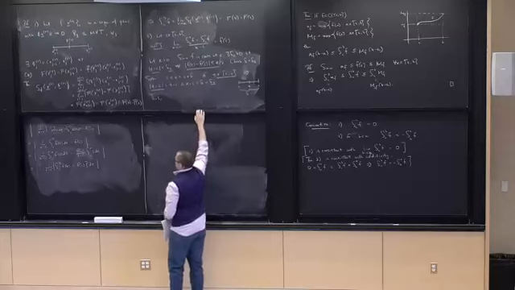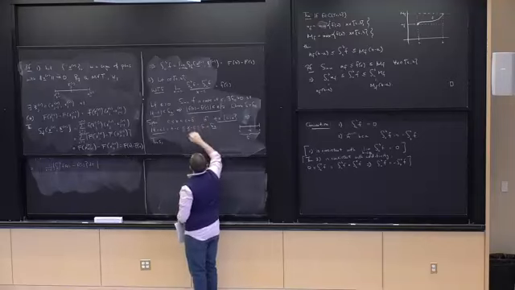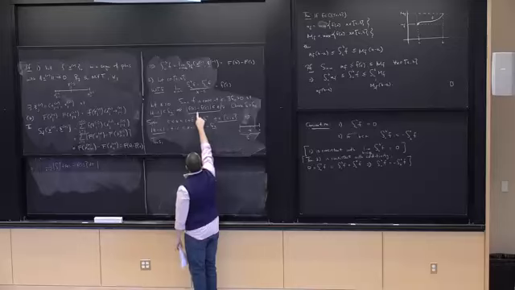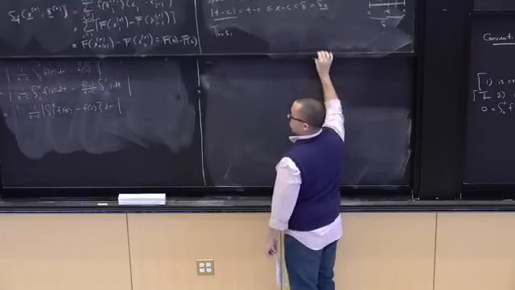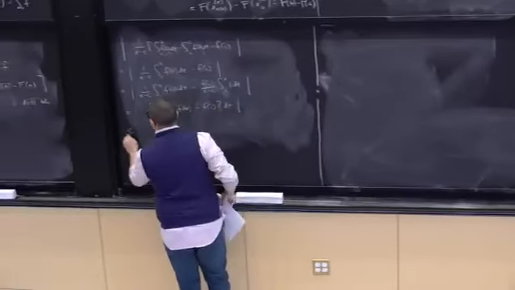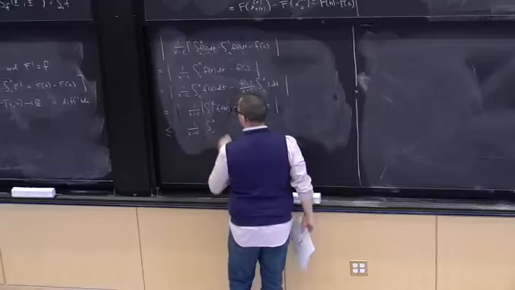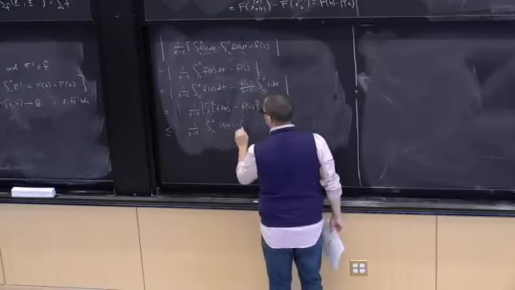So as long as I'm in this interval c to x, I'm going to have this inequality hold. So before I do that, let me first apply the triangle inequality for integrals. This is less than or equal to the integral from c to x of the absolute value of f of t minus f of c.